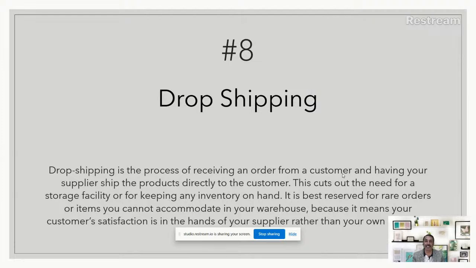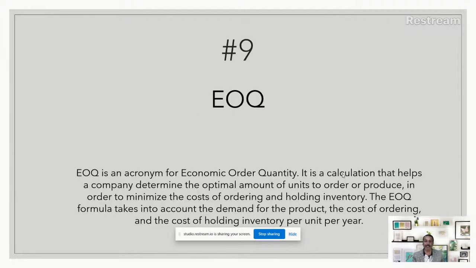It's something similar to consignment inventory. This term is called drop shipping. The vendor ships directly to the customer, and the intermediate organization, especially the retailer, trading organization or e-commerce organization, never touches this inventory.